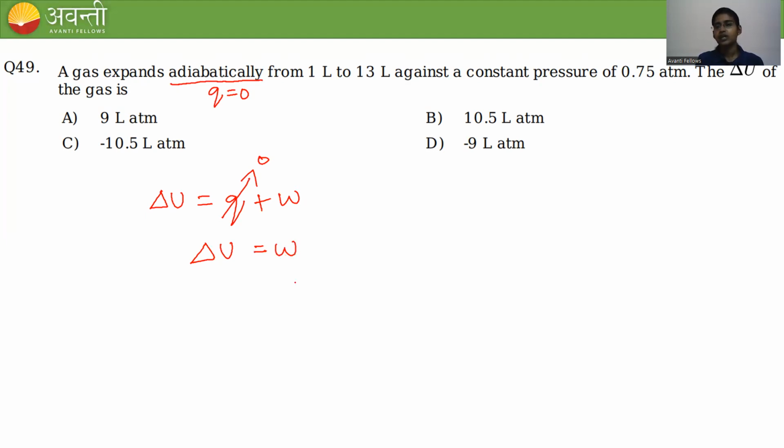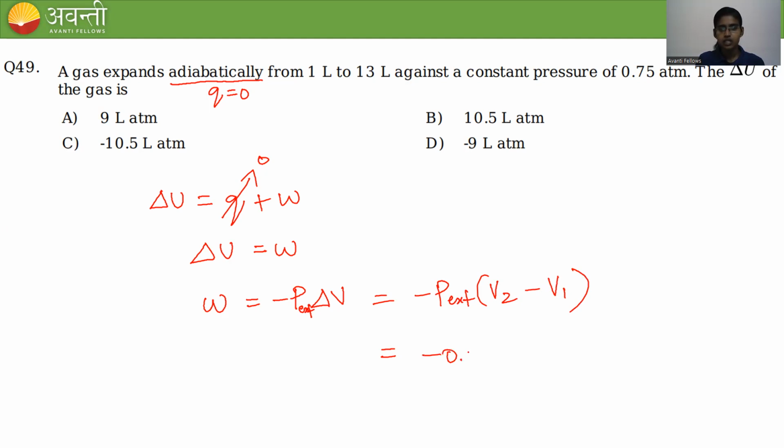Now we have to calculate the W. How to find out the work done? It is equal to minus P delta V, which is equal to minus P external into V2 minus V1. So what is the external pressure given here? It is 0.75. Final volume is 13 and the initial volume is 1.